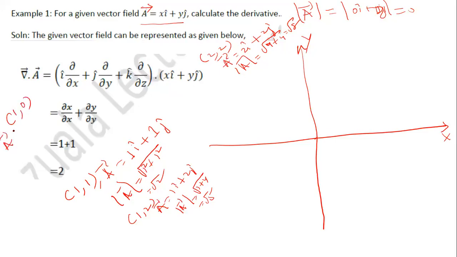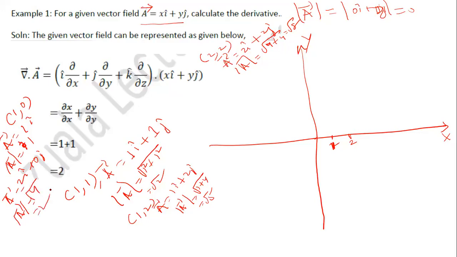Then at this point, your vector will be 1i, and j is 0, so the magnitude of this vector will be 1. And if you go from this point to this point, this is, let's say, 2, and this is 1. At this point, your vector will be 2i plus 0j, so the magnitude is square root of 2 square, which is 2.